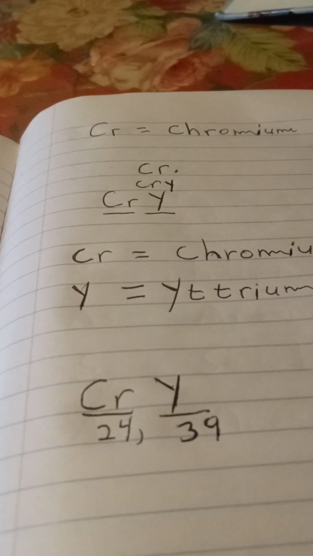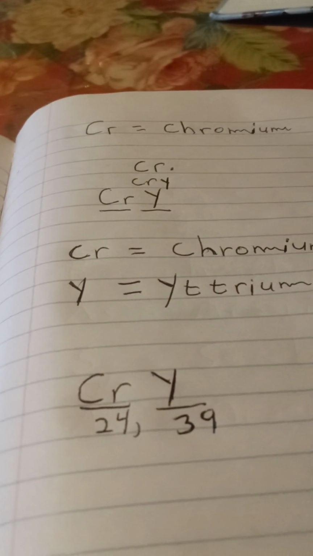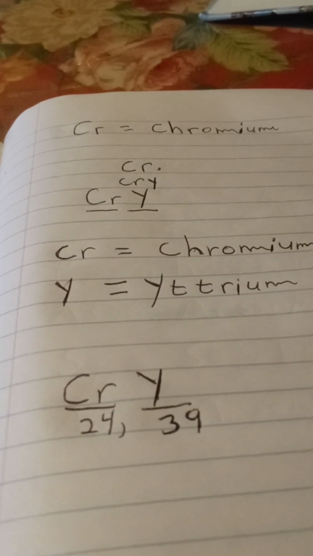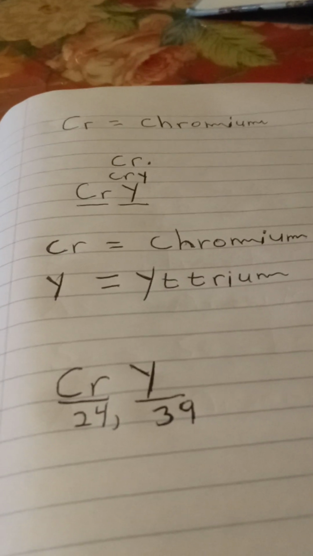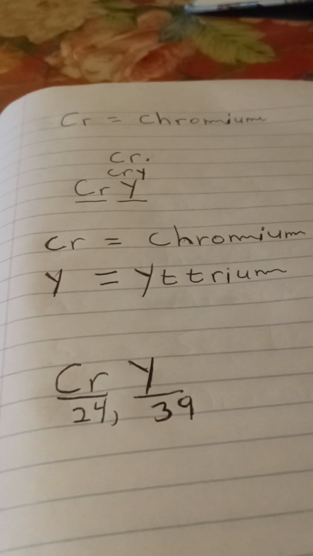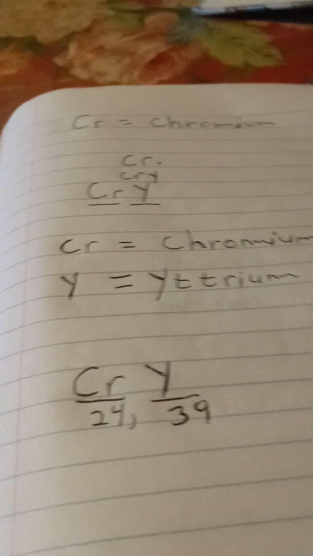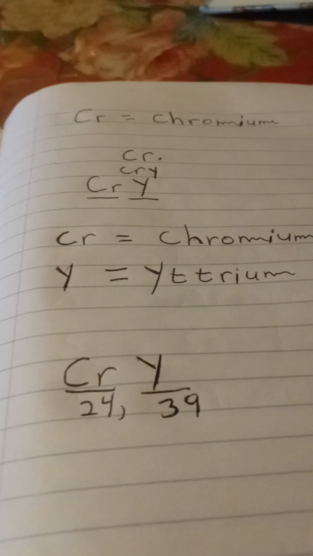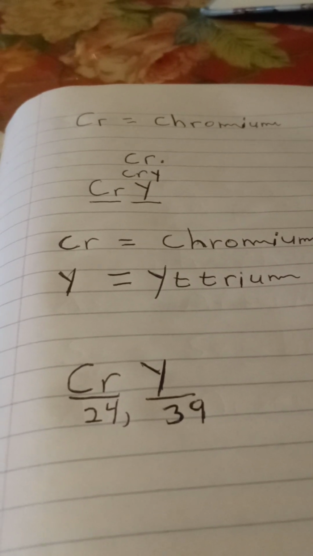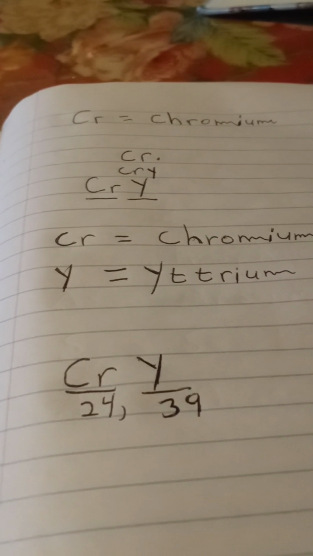So think about crying and tears in your eye, or the cry of joy, or the cry of victory, or the cry of defeat. Whatever the case may be, you can remember chromium. You're probably saying, that makes no sense. There's no connection between chromium, Cr, and the word CrY. What's the connection?